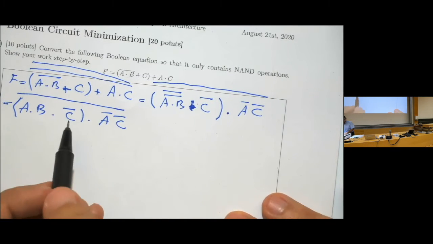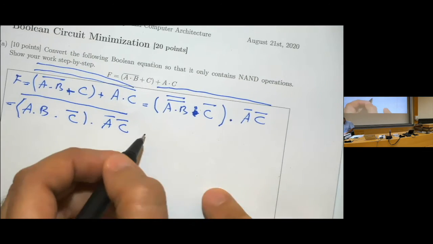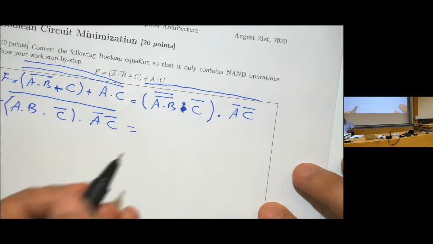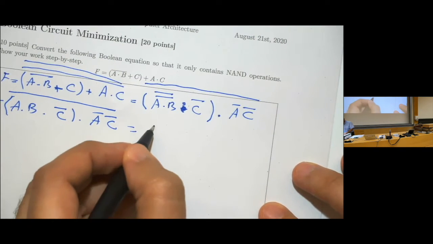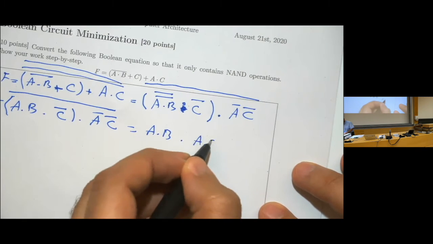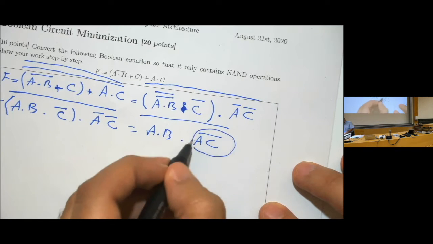So we can actually rewrite this question, and this part, which is C bar, A bar, C bar, and then we don't need to write C bar. So we reach AB dot AC bar bar. And now we can see that here we have a NAND operation.